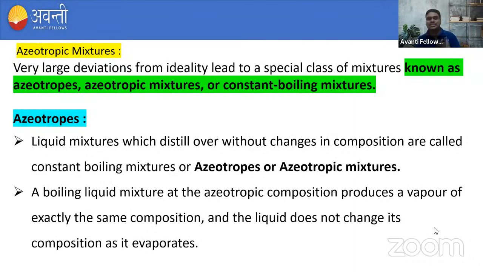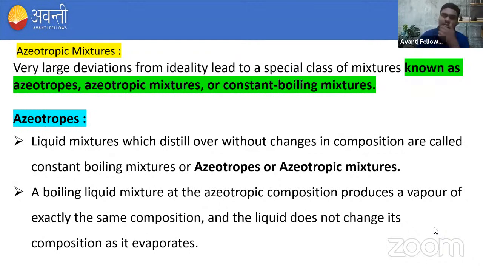So basically, what are azeotropes? They show very large deviation from the ideal solution, and they lead to a special class of mixture known as azeotropes, or azeotropic mixture, or we also call it a constant boiling mixture.